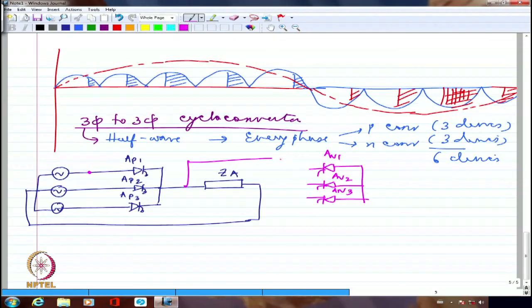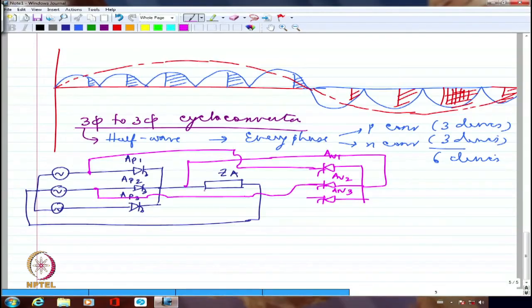Right? And then connect it here. Right. Now this has to be connected the other way around. Right? Okay. So this has to be connected here. And this has to be connected here. Second phase. And this has to be connected here. Third phase. That's it. So it is just the other way around. Right? Neutral is already connected. So I don't have to do anything with respect to neutral.